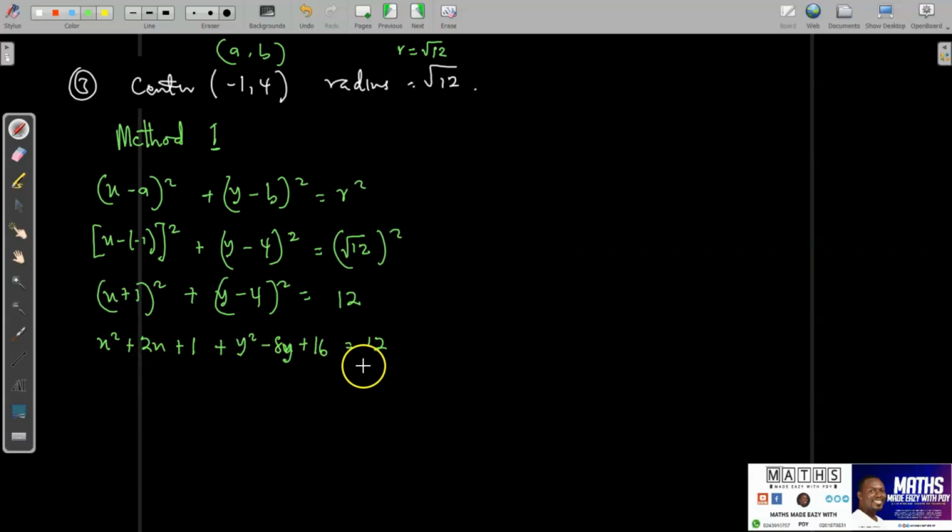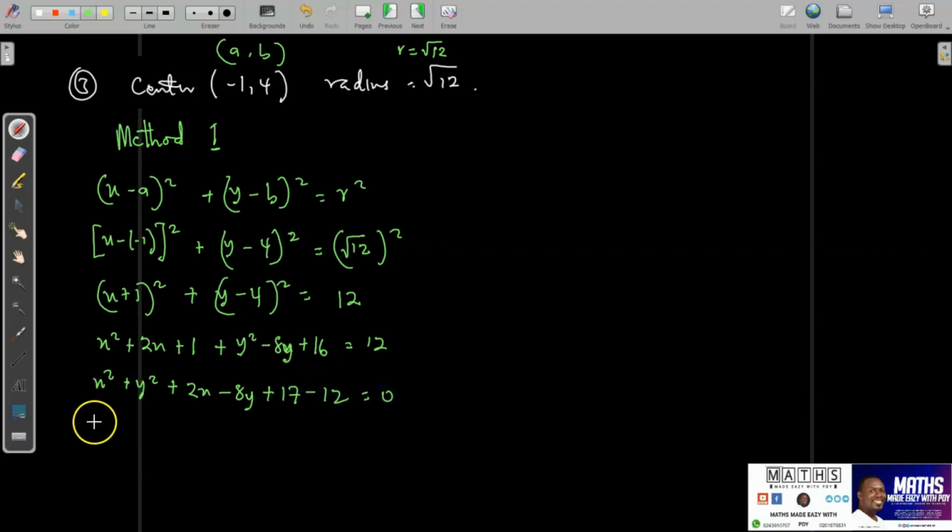So leaving it in the general form, then we equate everything to 0. So regrouping, we have x squared plus y squared plus 2x minus 8y, then the 1 and then the 16 will give us plus 17 then minus 12 equal to 0.